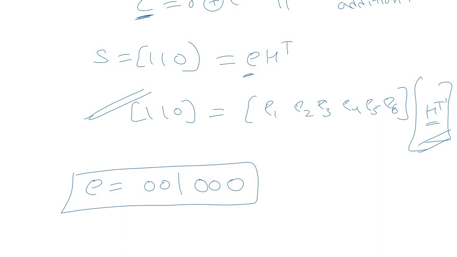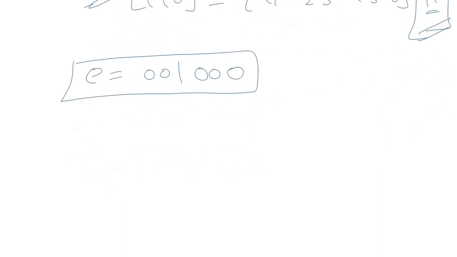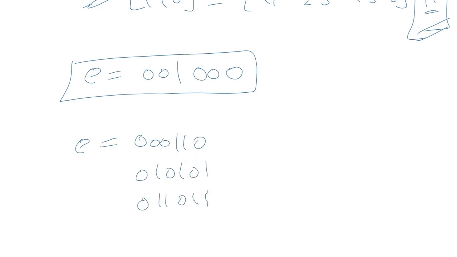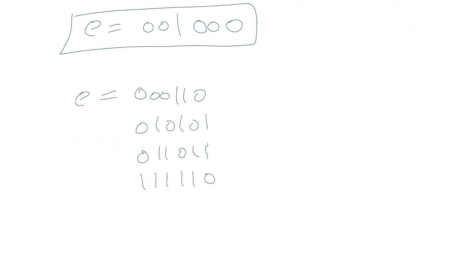but a different combination of error vector also satisfies this. If we use E as 0 0 0 1 1 0, or 0 1 0 1 0 1, or 0 1 1 0 1 1, or 1 1 1 1 1 0, or 1 1 0 0 0 0.